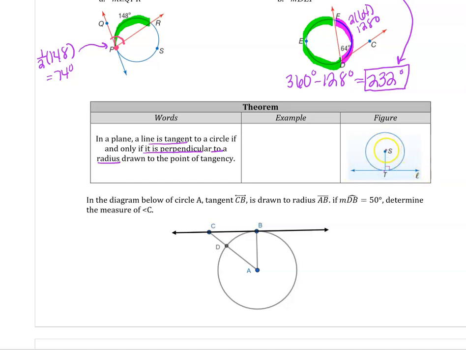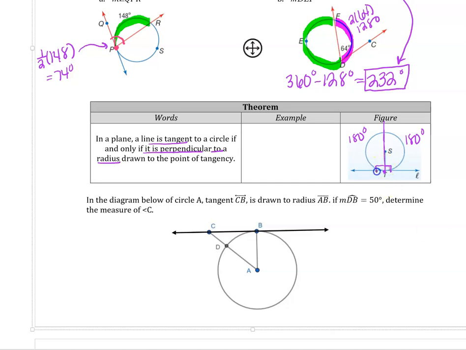The reason this is true is because if I were to extend this, that technically creates a secant, which is intersecting the circle at two places. That means that it's splitting the circle in half. So that means each half will be 180 degrees. Now, just like our last theorem, if we have a tangent and a secant intersecting at the point of tangency, which again is, in this case, T, that means half of 180 gives us 90, because we're having that intercepted arc.